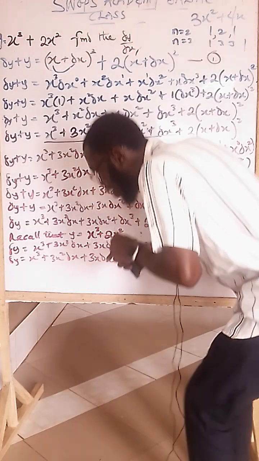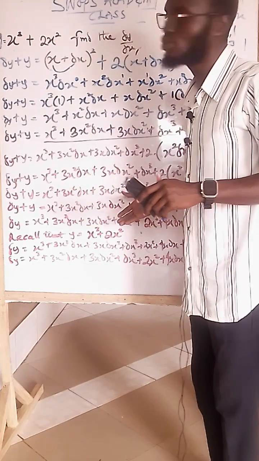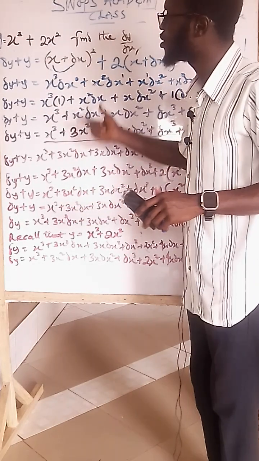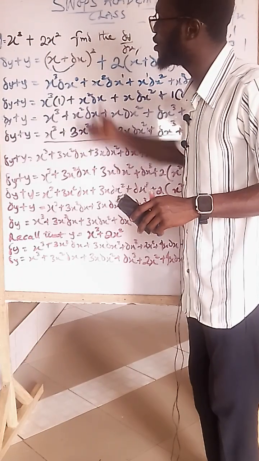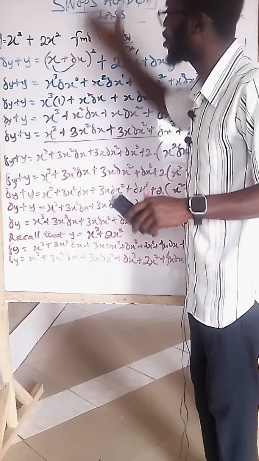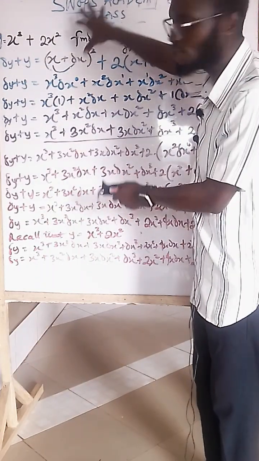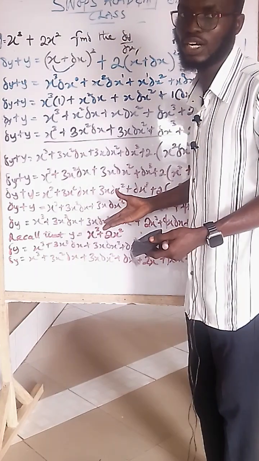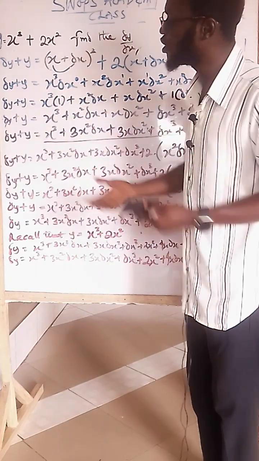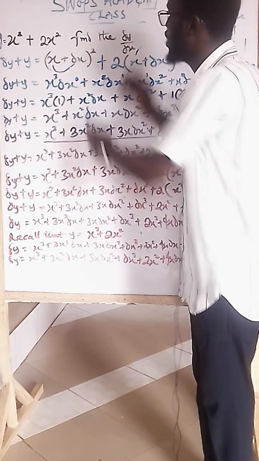Now, why are we even solving that? The essence of solving this, for the A-level student, and as far as an engineering student is concerned, is that when you get to 100 level, 200 level, you are going to solve questions using first principle. So it is compulsory for you to know the ways of solving it. For all this A-level program, they can still ask you to solve.